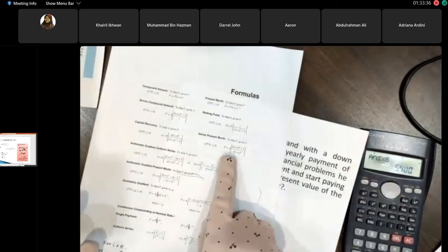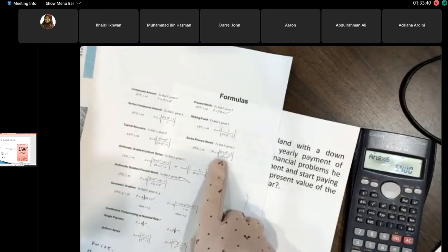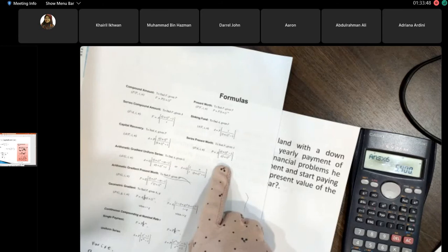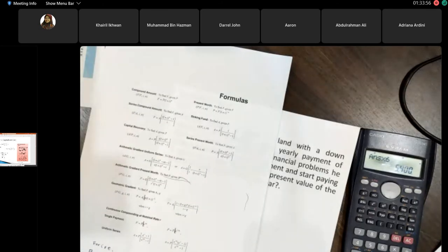If you look at the value, P equals A. Okay, inside the bracket you have to put 1 plus i power of n minus 1 divided by i in the bracket 1 plus i power of n. So here you use this formula.